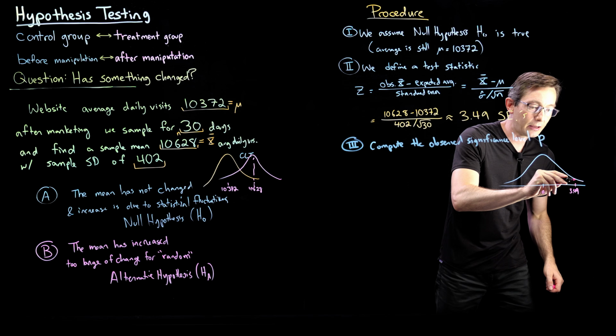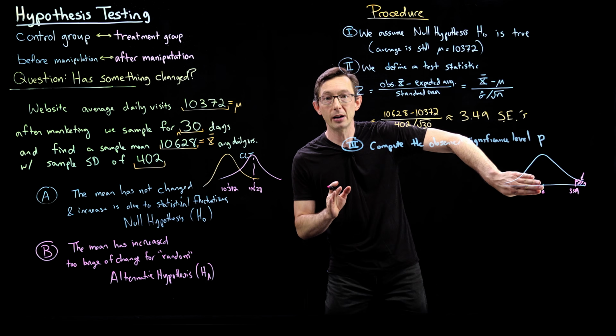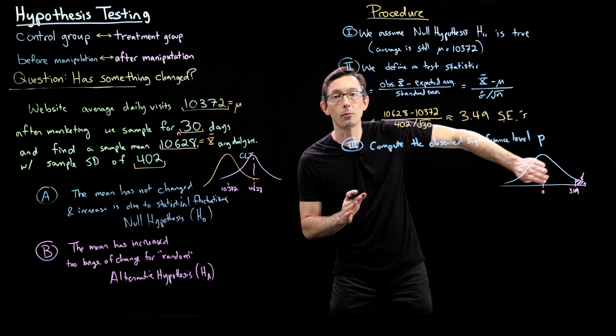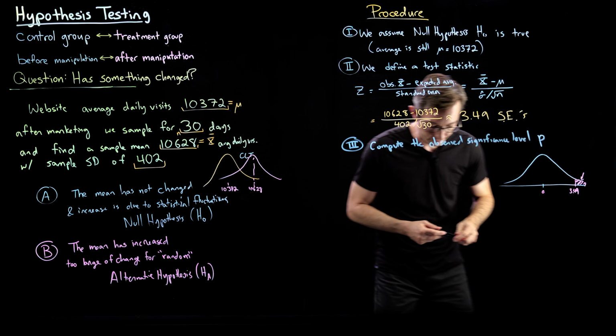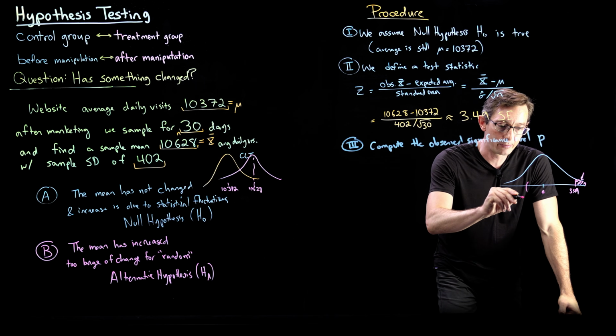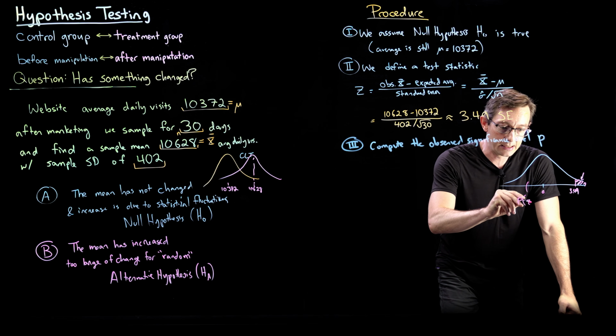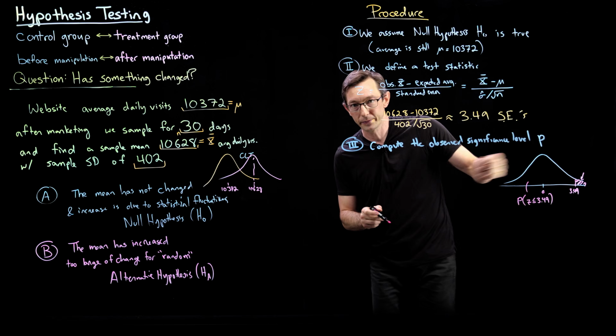And so what we're trying to compute is the probability that we're 3.49 or more standard deviations to the right of this mean. What's this probability here, okay? And so you can compute the probability that z is less than or equal to 3.49. That's all of this stuff to the left of that.